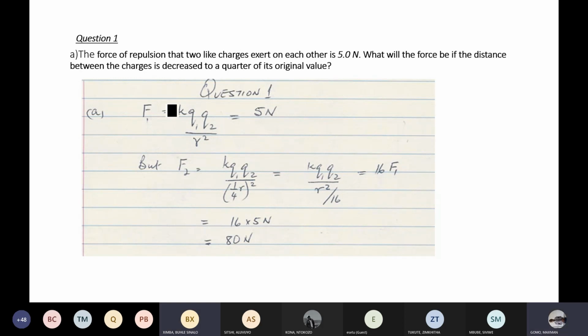When they say the distance between the charges is increased, what will simply happen is that they will tell you it increased by maybe 2 times or 3 times or whatever.